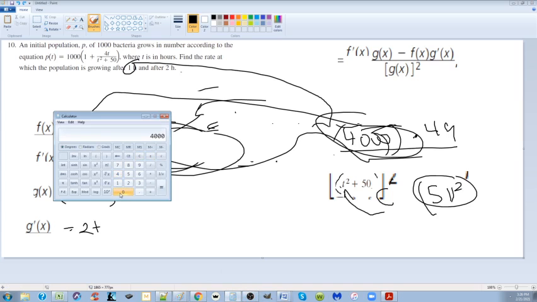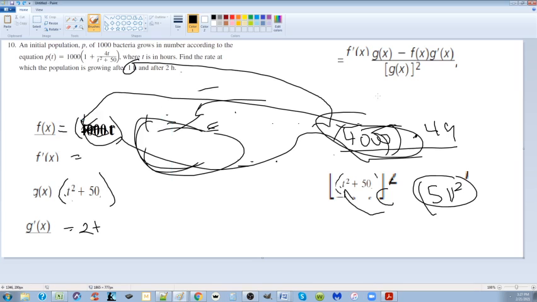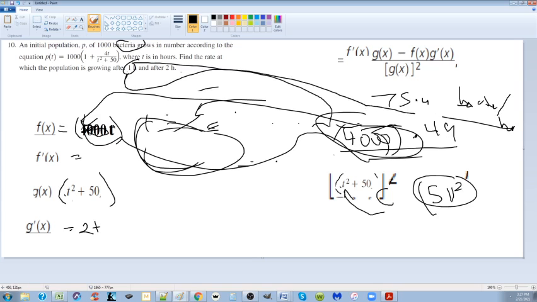I take 4,000 times 49, and I'm going to divide it by 51 squared. And I get 75.35. Let's just say 75.4. 75.4 what? Bacteria per hour are growing after 1 hour of this graph.